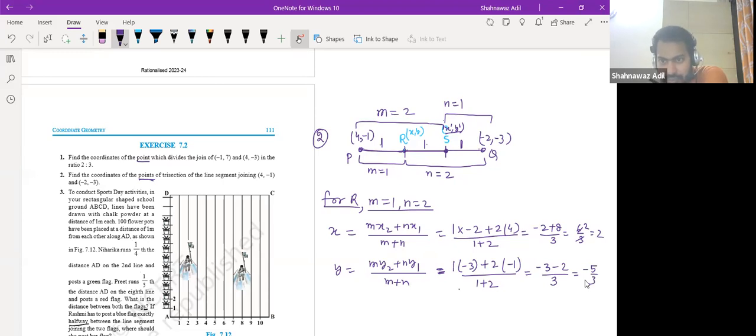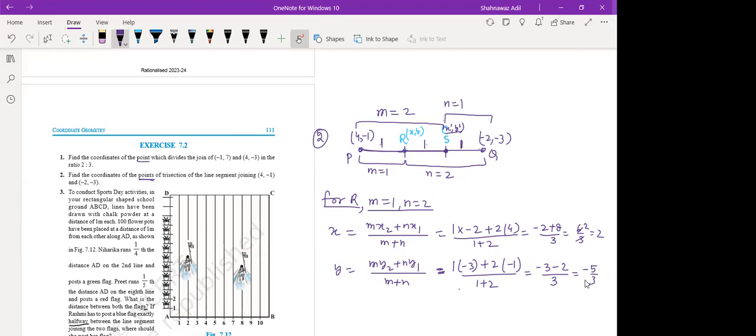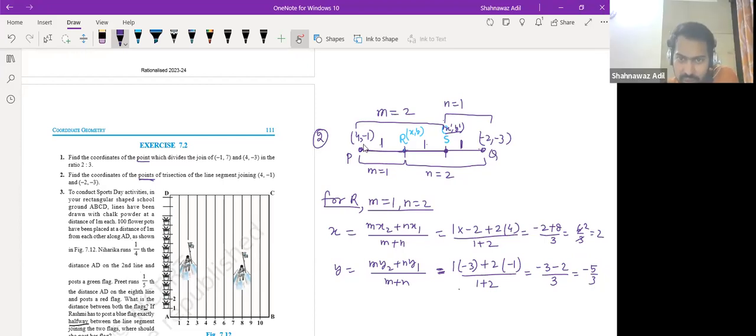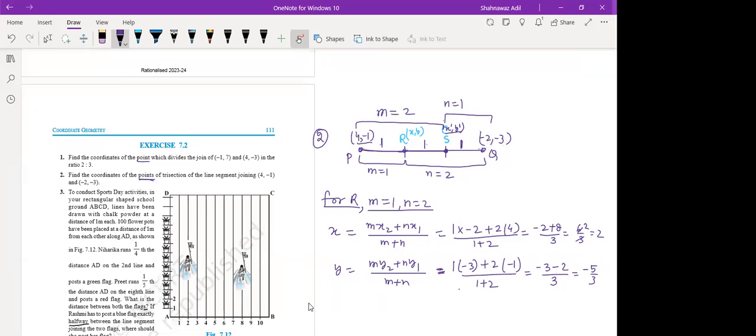So where was the mistake, Rifa? The thing is, I got confused with x1, y1, x2. Okay, yeah, so this is x1, this is y1, and then this is x2. Good.